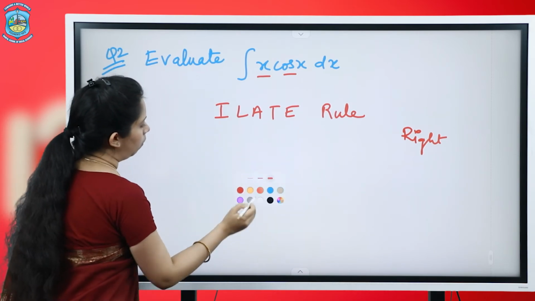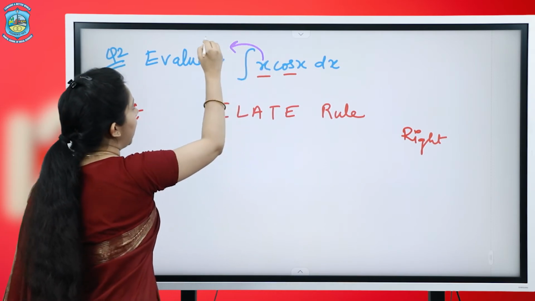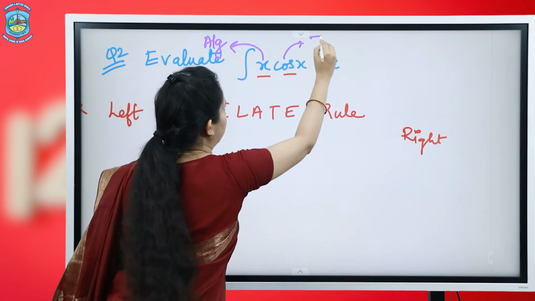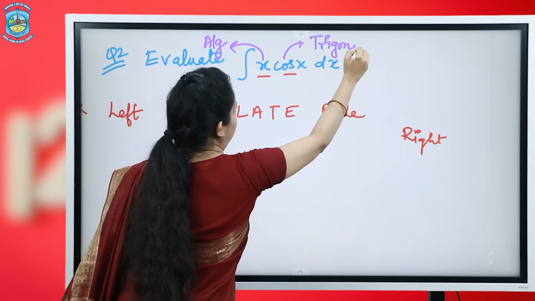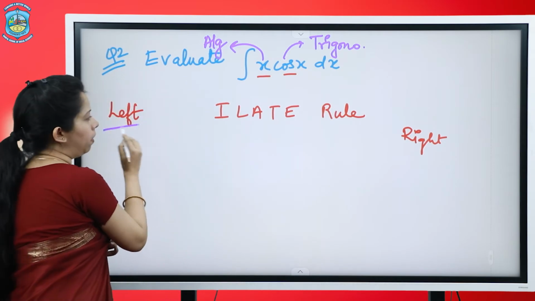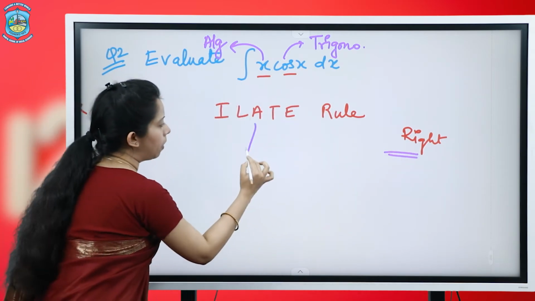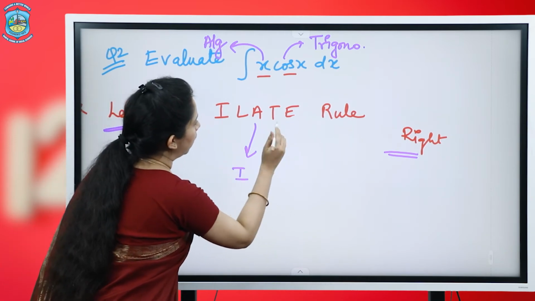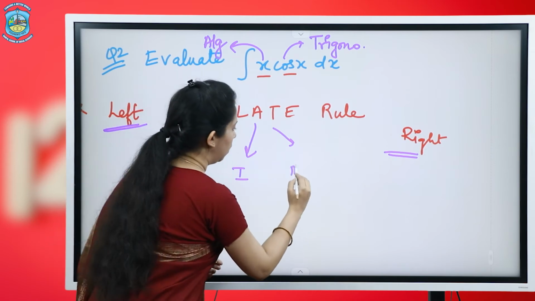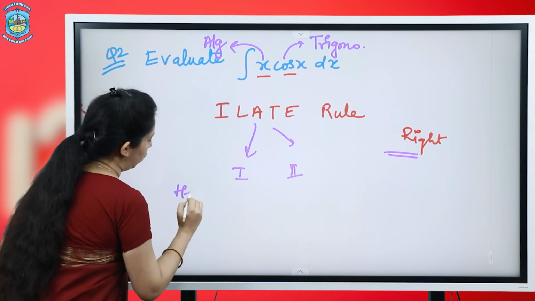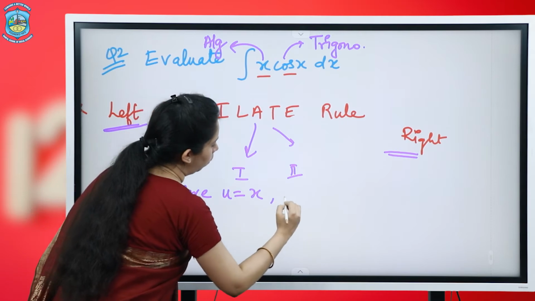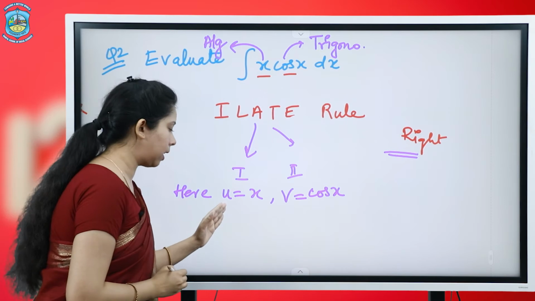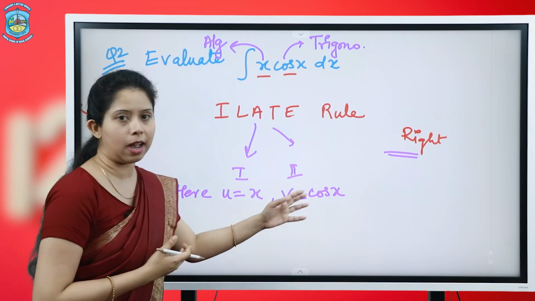So here x is an algebraic function and cos x is a trigonometric function. Moving from left to right, algebraic functions come first and trigonometric functions come second. So here u is x and v is cos x. u is considered the first function, v is considered the second function.